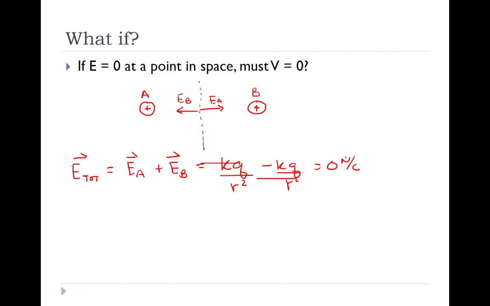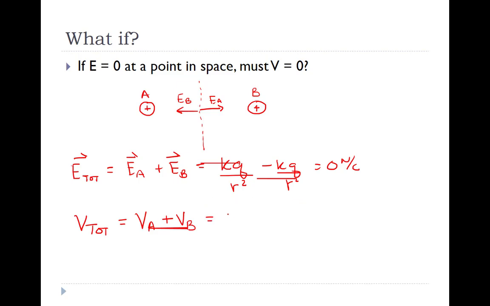The question now is, will the electric potential also go to 0 at this spot? So now let's find total potential. V total is going to be the potential due to A plus the potential due to B. It's not a vector, so I don't need to worry about directions. I don't have any arrows.